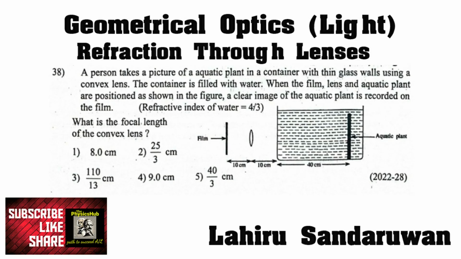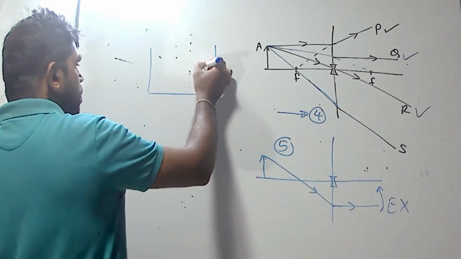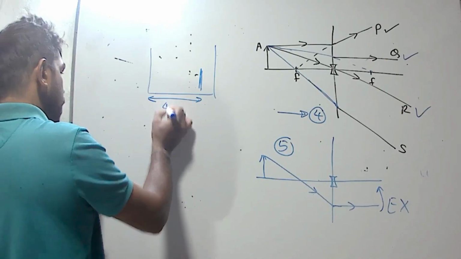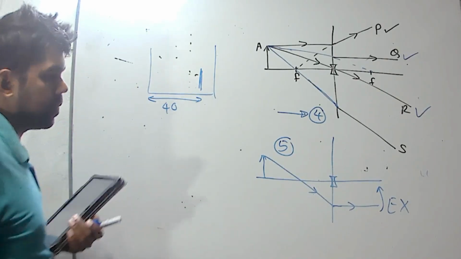Then the film, lens and aquatic plant are positioned as shown in the figure. The clear image of aquatic plant is recorded on the film. Refractive index of water is 4/3. What is the focal length of convex lens? Aquatic plant is at a distance 40 centimeters from this edge.